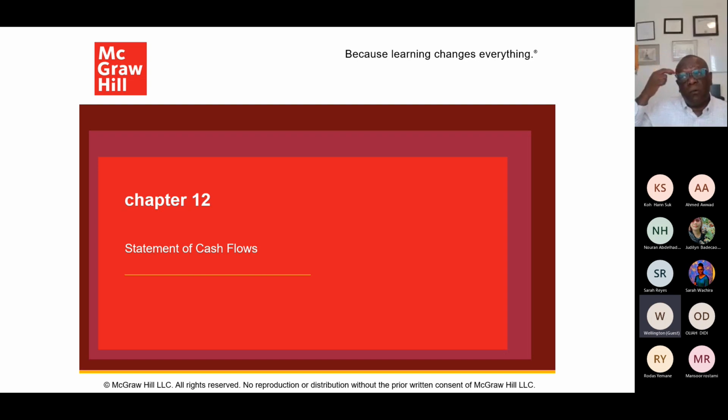Then the next thing we should be looking at is the adjustment for the gain on sale of fixed assets. In this case, we have a gain on sale of equipment.